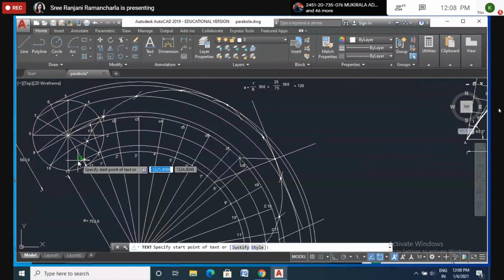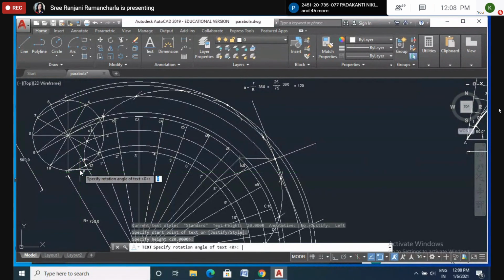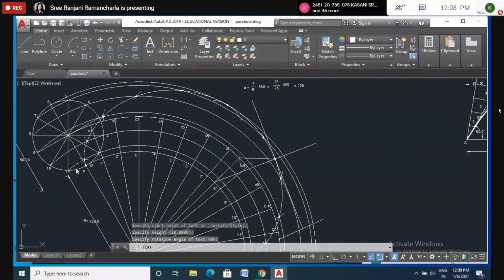P is already there. P1, here P2. Here this is P3. You remove this. I will later remove this 3 here. I will write here P3. Okay, please don't get confused between both together. This is P4.